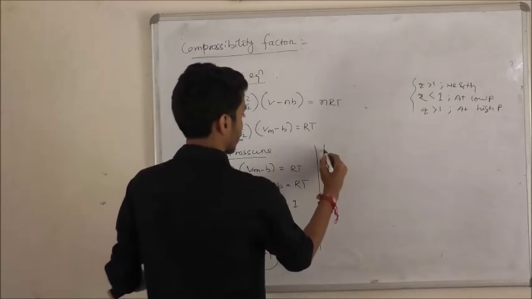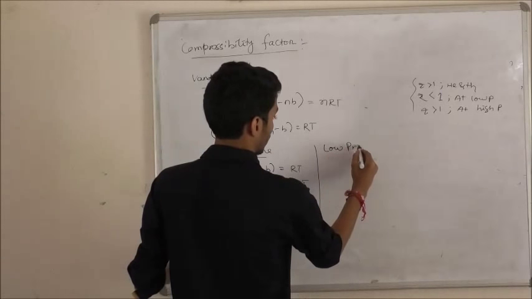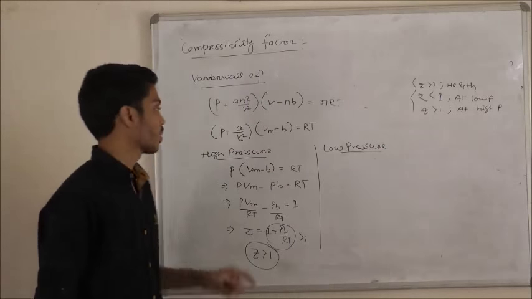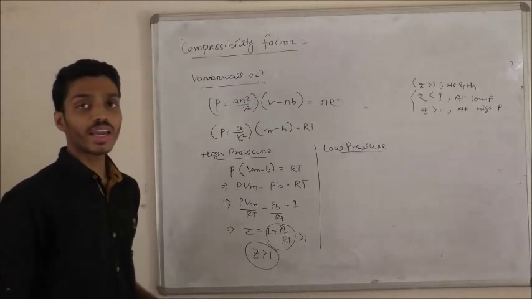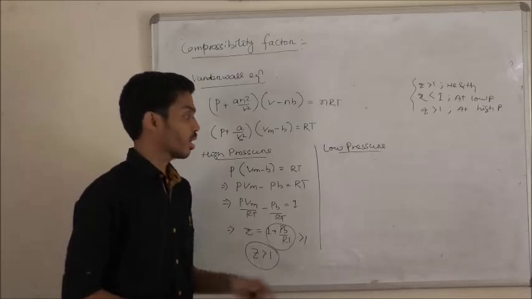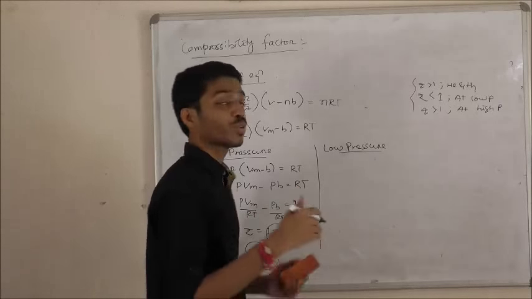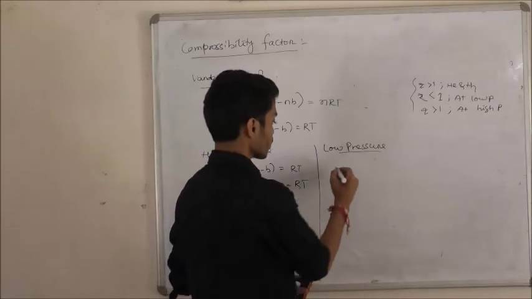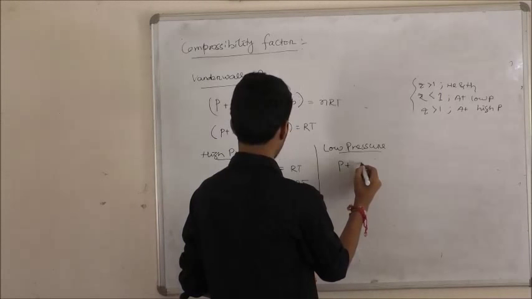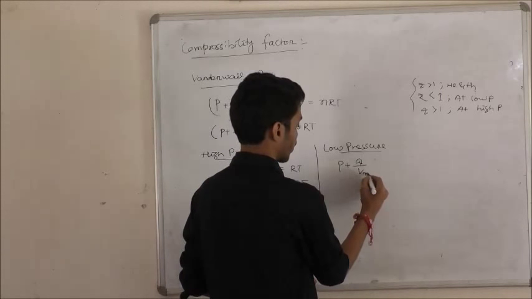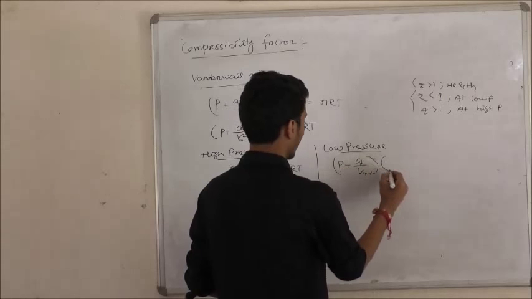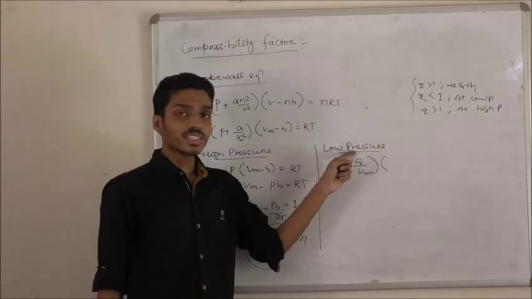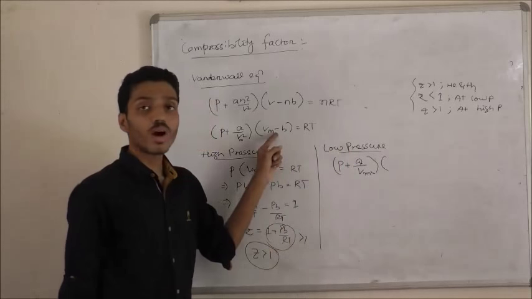Now at low pressure, what will happen? At high pressure, we neglected a/Vm² because P was high. But here pressure is low, so we cannot neglect a/Vm² with respect to P. So (P + a/Vm²) into, but see here, since pressure is low, volume is now high.